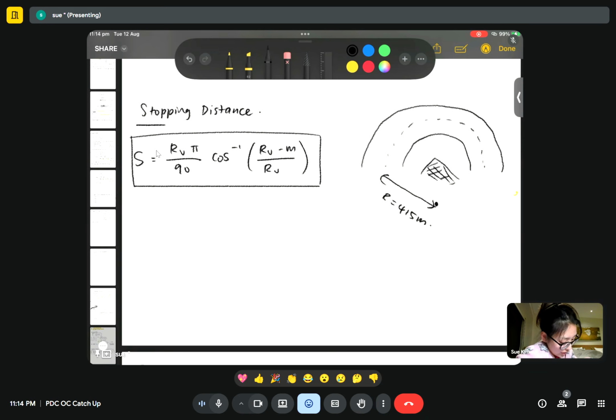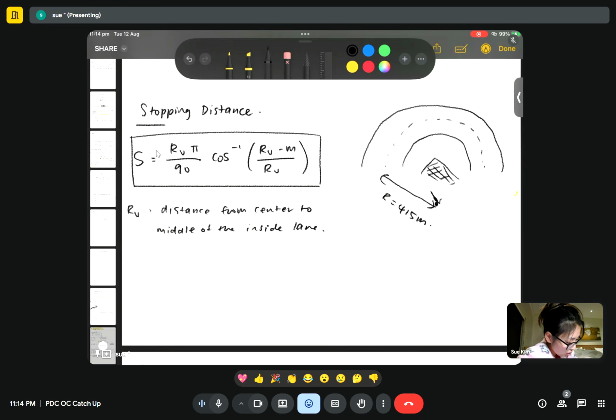For this formula, I need to find RV, which is the distance from the center of the circle to the middle of the inside lane.